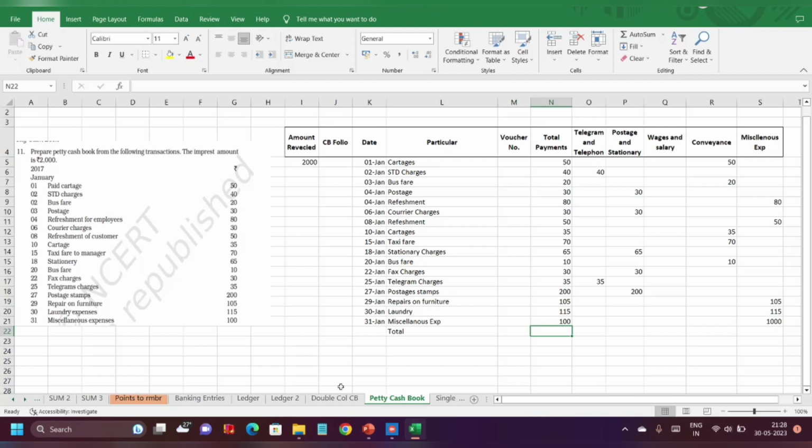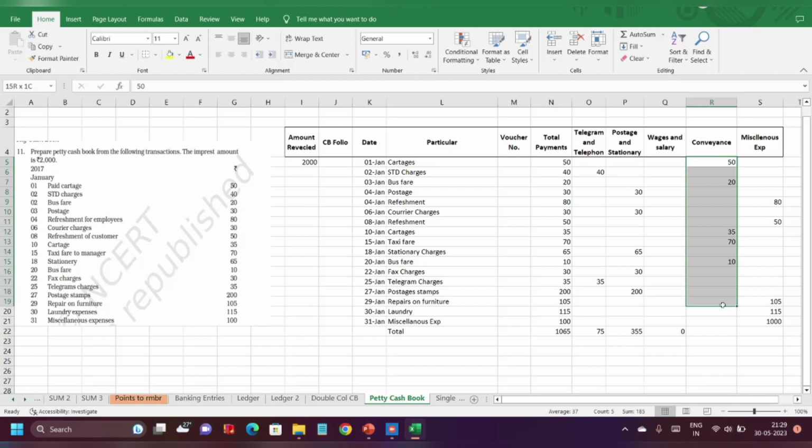of expenses in a particular month is 1065, and total of telegram and postage account column is 75 rupees. Total of postage and stationery expenses is 355. Here it's 0.